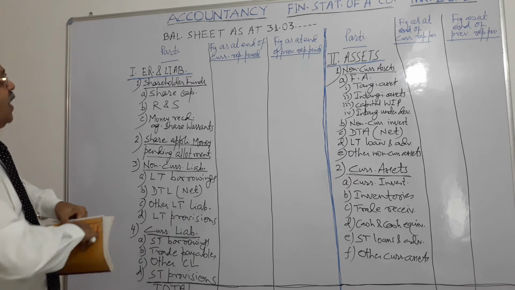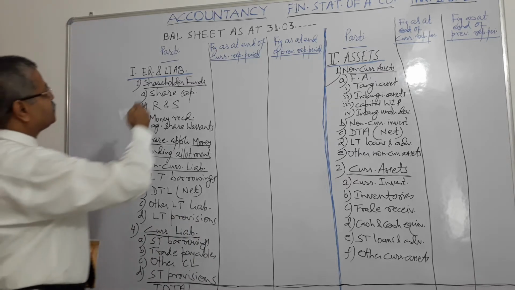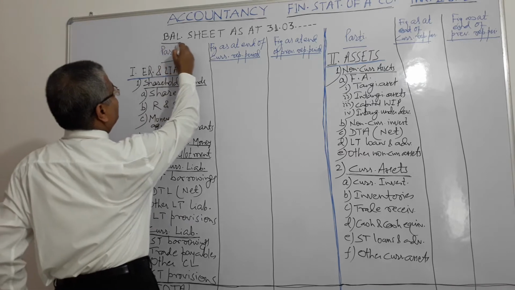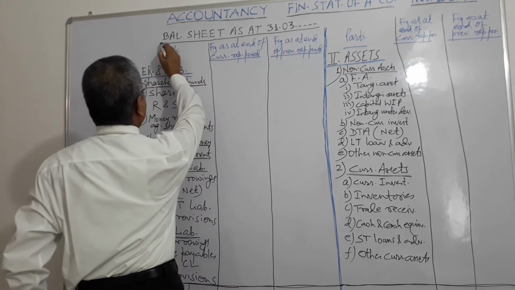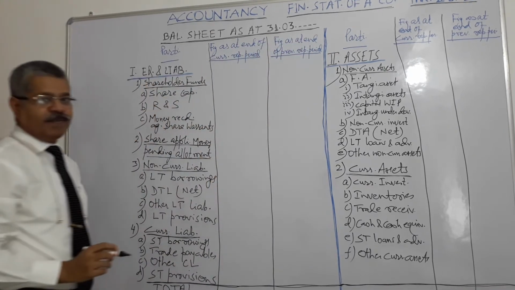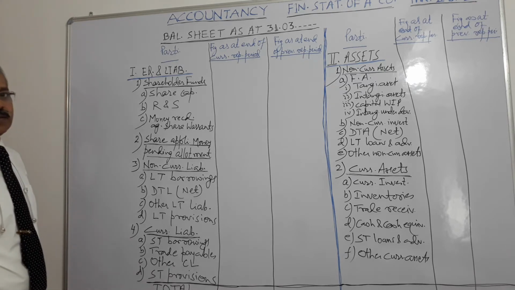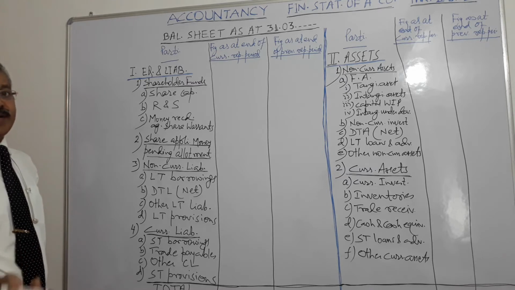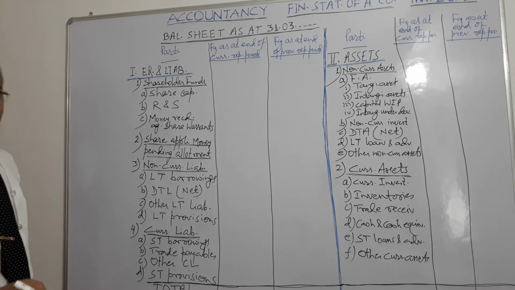So, here you will find we have represented balance sheet of a company as on 31st of March. As you know, balance sheet means balance of assets and liabilities, right? And as at the end of a period, we call it position statement.